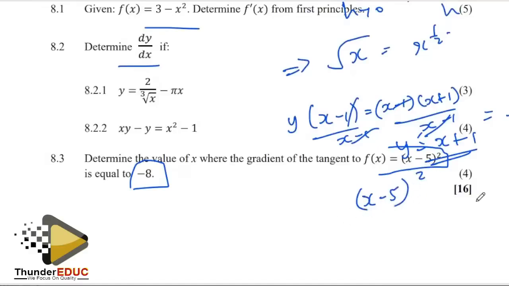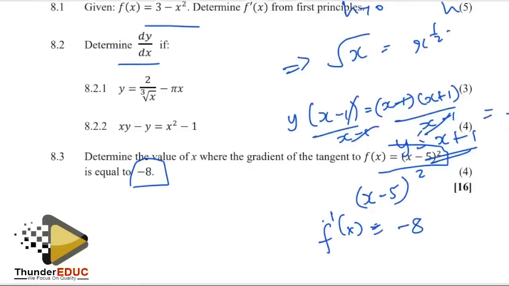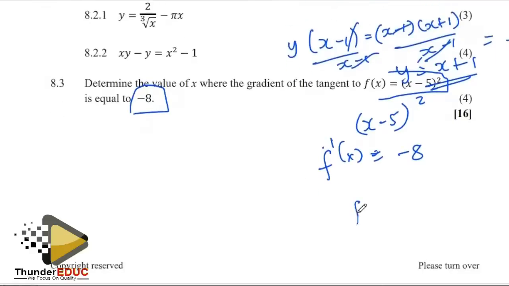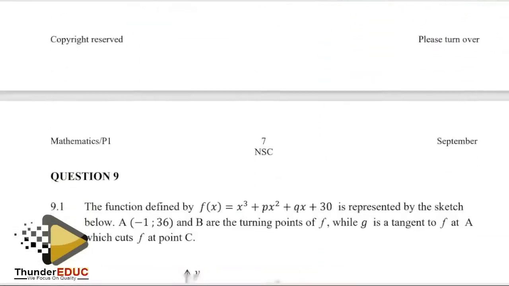Open the square brackets using the FOIL, then find the first derivative, then your first derivative, I'll say f prime of x, equated to the gradient, which is -8. So we equate the first derivative to 0. First derivative is equated to 0 if you're looking for turning points. Oops, why am I rushing it? Maybe it's even the next question.